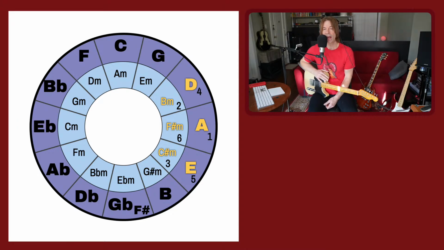We're going to look at the A as a flat 3, a half step down from where it normally would be. Then the 4 chord is going to be the B minor, and the 5 chord is going to be the C sharp minor.